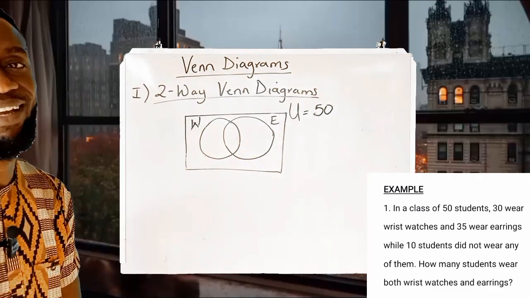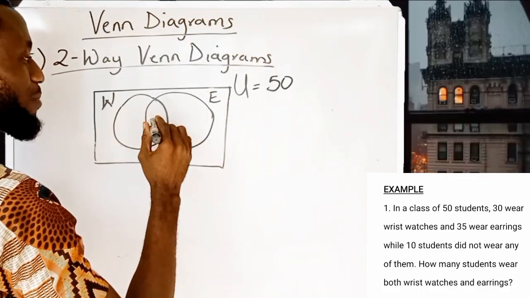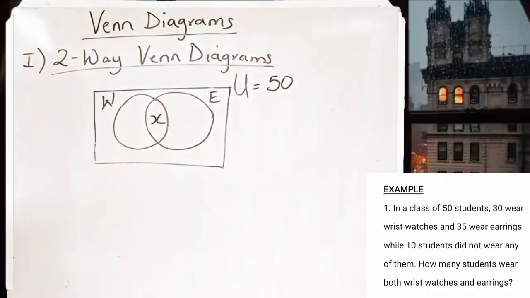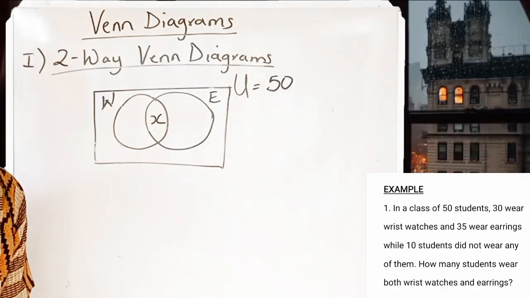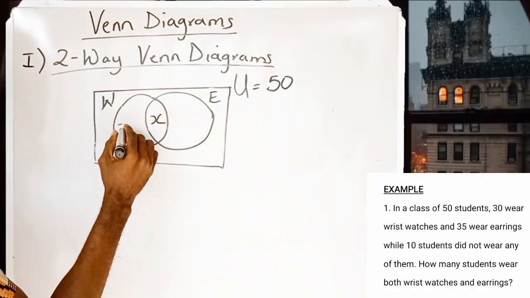You must always start there. Since we don't know how many did both, we will start by putting that place as X. Now go to the question. Wristwatches are 30 students, and they didn't say 30 students wear wristwatches only. I need only here. Since that's not given, I will write 30 minus X.